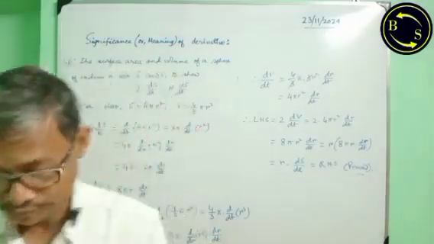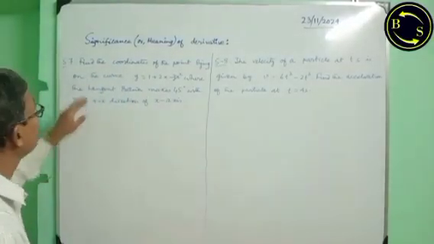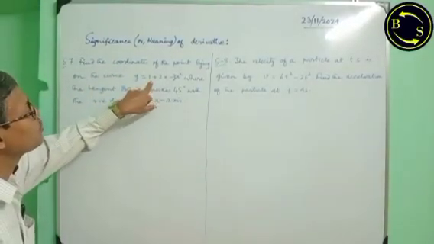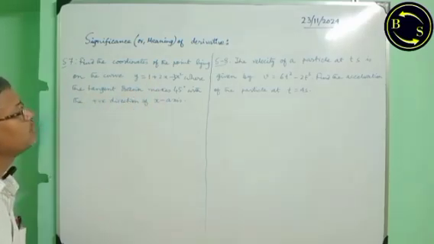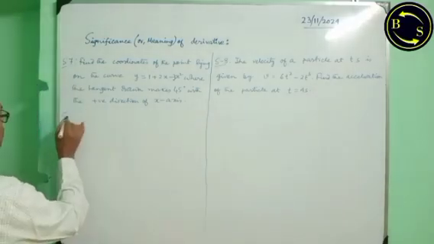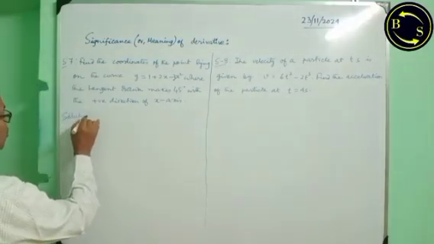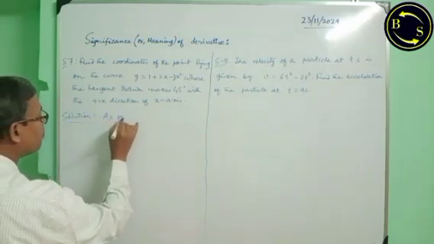We have to find the coordinates of the point lying on the curve y equal to 1 plus 2x minus 3x square, where the tangent drawn makes a 45 degree angle with the positive direction of the x-axis.